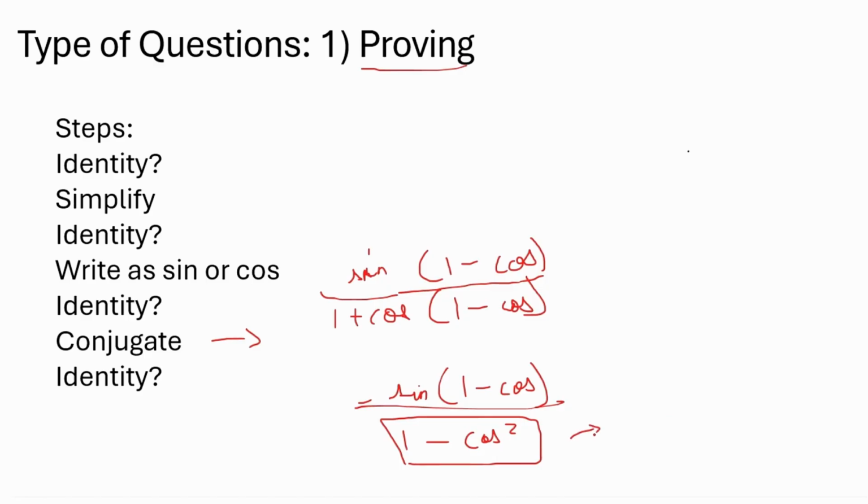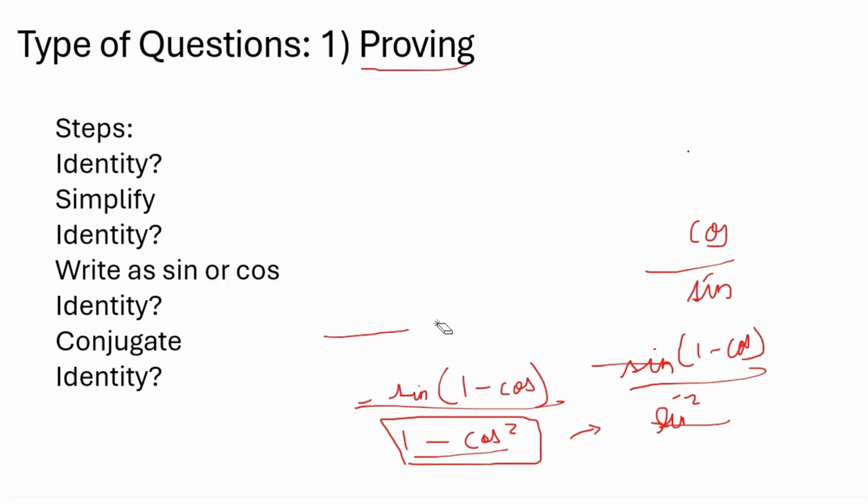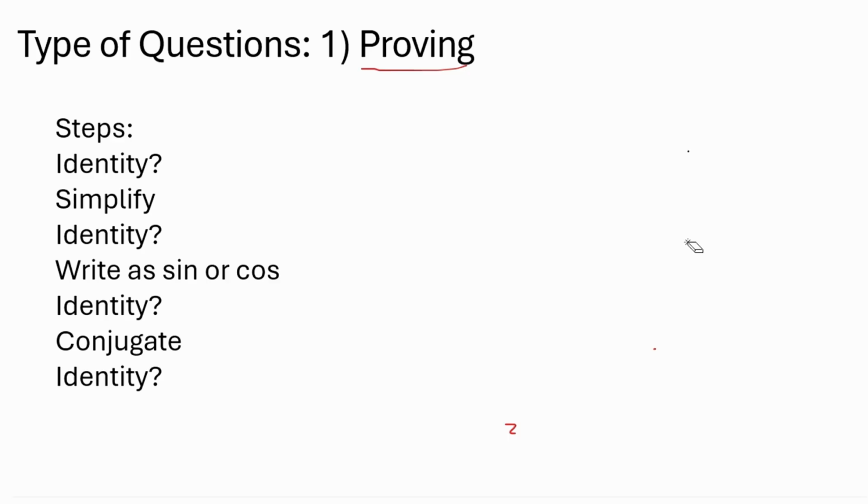So this turns into a sine squared, and then sine times 1 minus cos, and you can cancel it. So it becomes 1 minus cos over sine. So conjugate, wherever you see a 1 plus, 1 minus, should be your last option, because sometimes you can just solve it without using conjugate. But if you really can't think of anything else, and you see 1 plus something, 1 minus something, just conjugate it. You'll see what I mean.